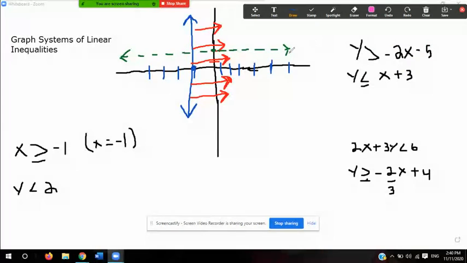And when I start doing that, I'm going to realize that there are some regions where the fuchsia arrows I'm drawing are going to intersect with the red arrows that I drew, suggesting that there's going to be a point or somewhere where these lines are going to intersect.